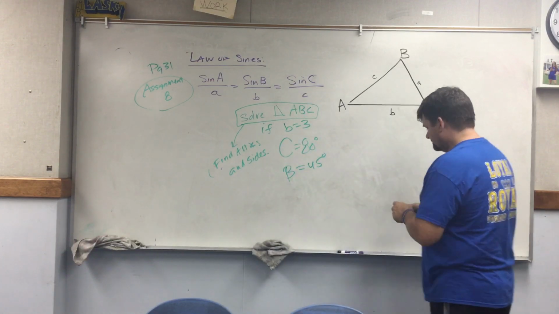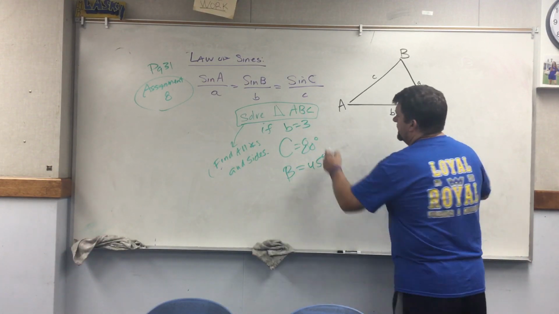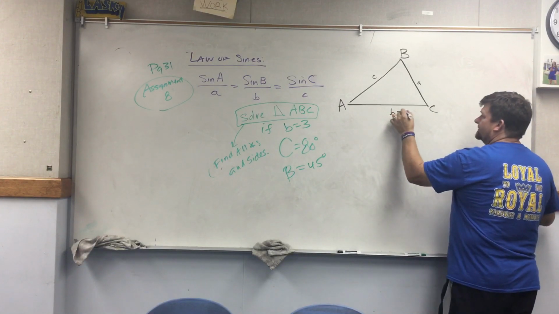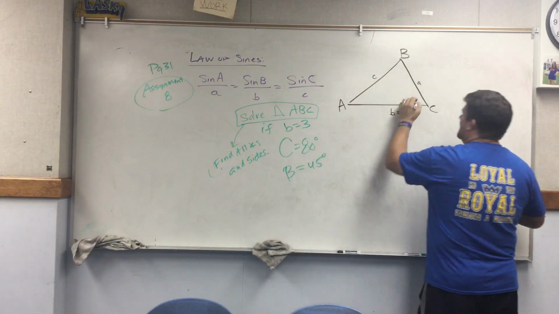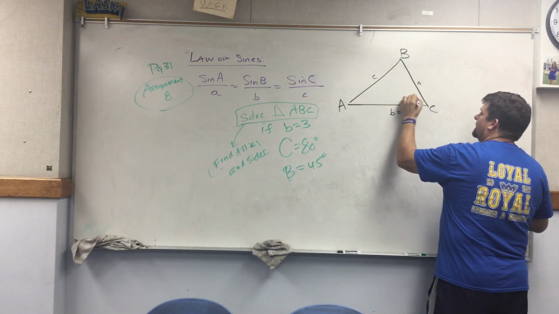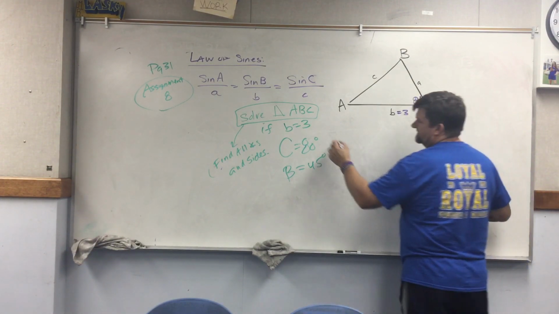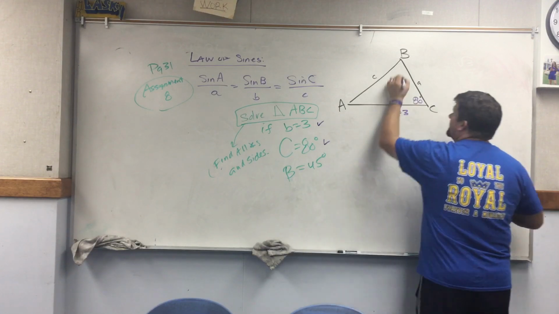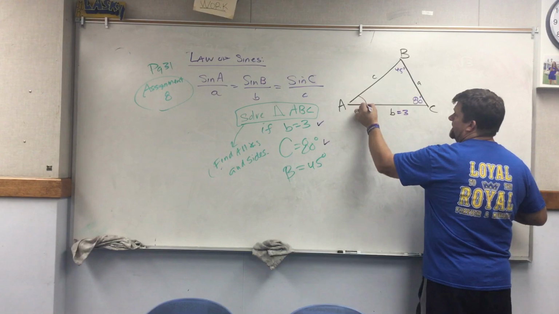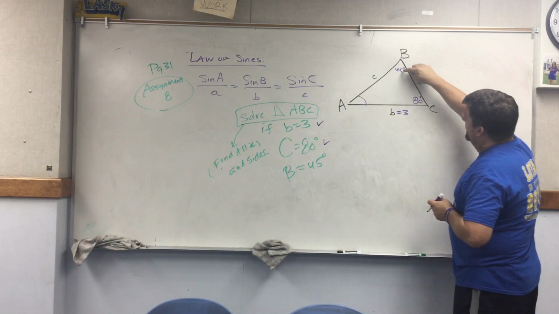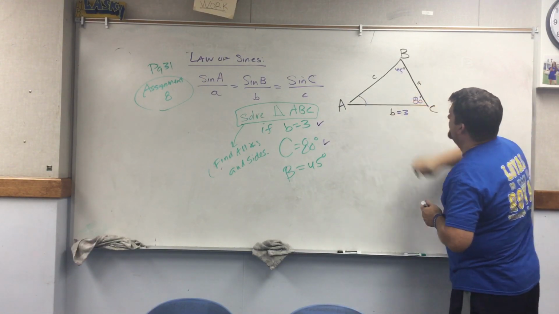So what are we given? We're given b is 3, so this equals 3. We are given, that's a mosquito. We're given 80 degrees for angle C. So b is 3, angle C, and we're given 45 degrees here. So I can find angle A immediately because all triangles add up to 180 degrees.